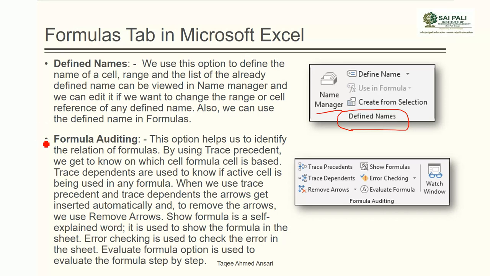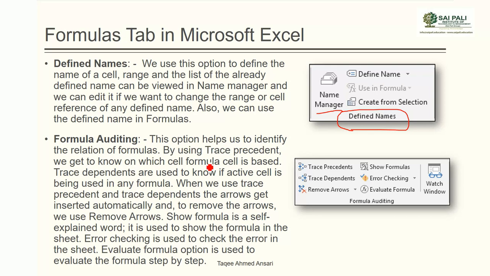Now the next group is about auditing the formulas. So whatever formula we create, if we want to audit it, like if you're facing some problem or error, then you can audit the formula.